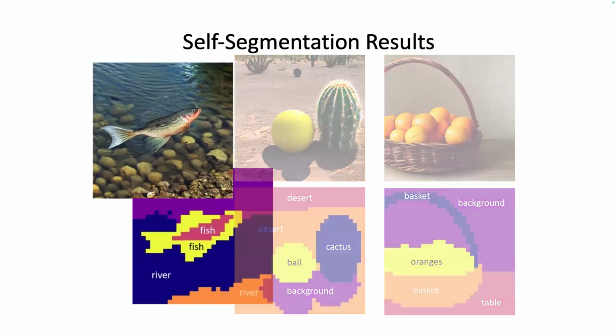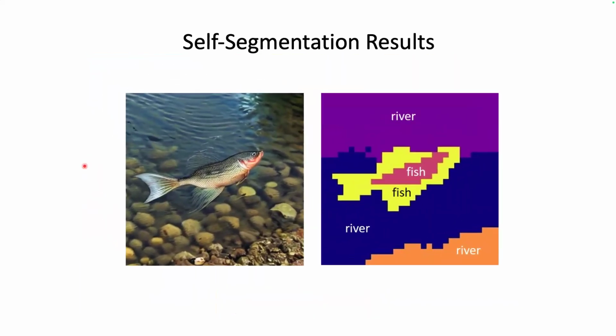But actually there are more advantages to being able to segment a generated image. It turns out that the model really knows what it wants to generate. For example, for this image of the fish, you can see that there is a fin, and even though it's quite difficult to see it, the model knows that it wants to generate this upper fin of the fish, and therefore it's able to segment it accurately.